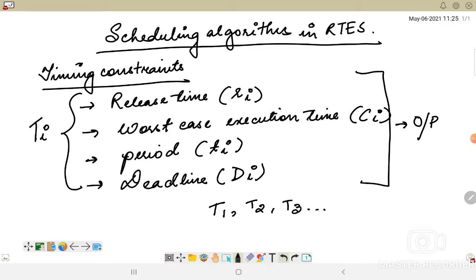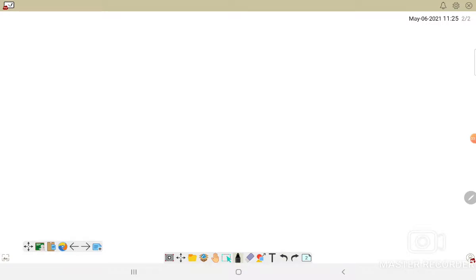All these constraints will determine which task will be executed when. And all of this has to be present in the ready queue. So, the operating system must guarantee that each task is activated at its proper rate and meets its deadline.